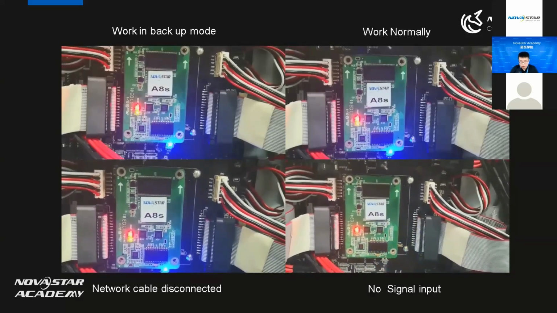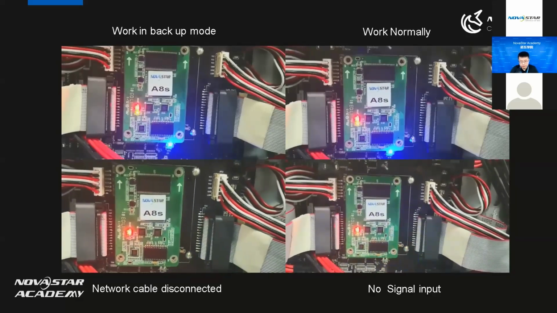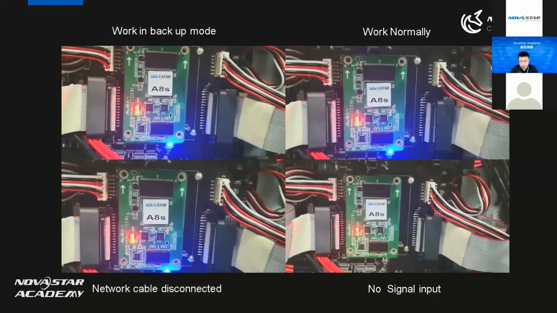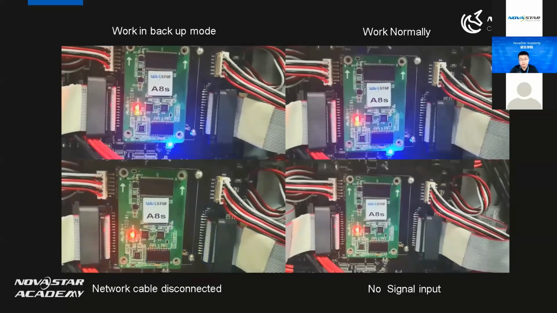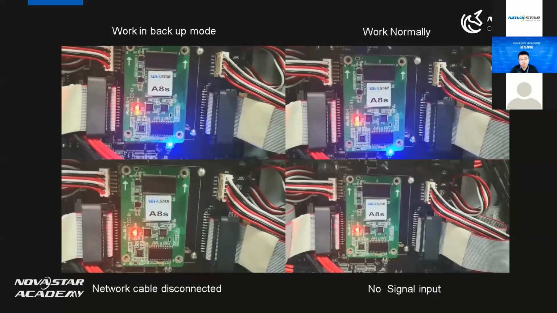But it's okay if you don't have a cell phone to take a picture, because we will have the video in 2 days on our NovaStar YouTube channel. And you also can check the receiving card specification to check the receiving card indicator frequency, what kind of frequency means what kind of working condition.